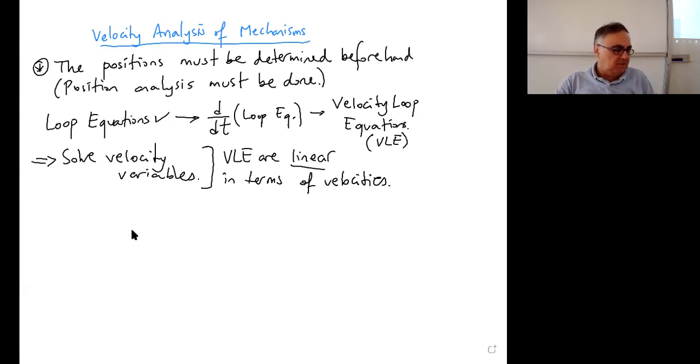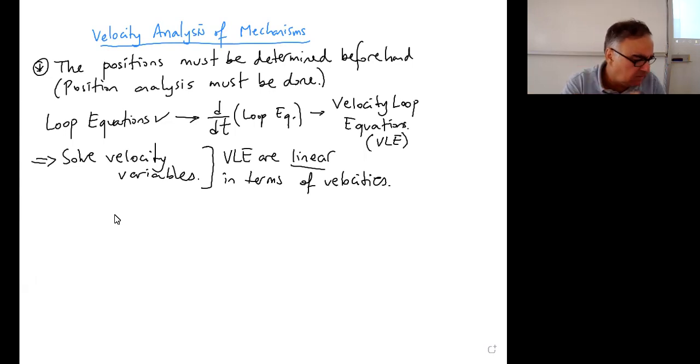Which means that linear equations are easily solvable, because you can use linear algebra, things like matrix methods and so on. Whereas the position equations, if you remember, were nonlinear in terms of the positions. They were harder to solve.